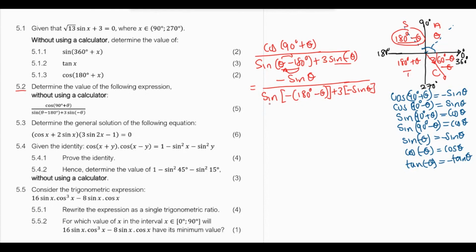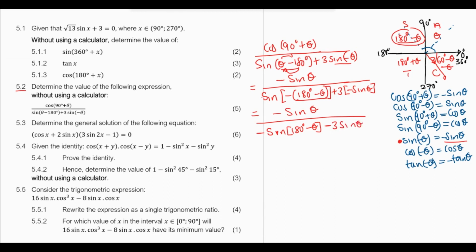Okay, now let's simplify what we have here. Again, here on sin(−(180° − θ)), we're going to use this. This is equal to −sin θ. So it means we're going to have −sin θ over −sin(180° − θ), treating this whole thing as an angle, and then minus, because 3 times negative sin θ is −3 sin θ.